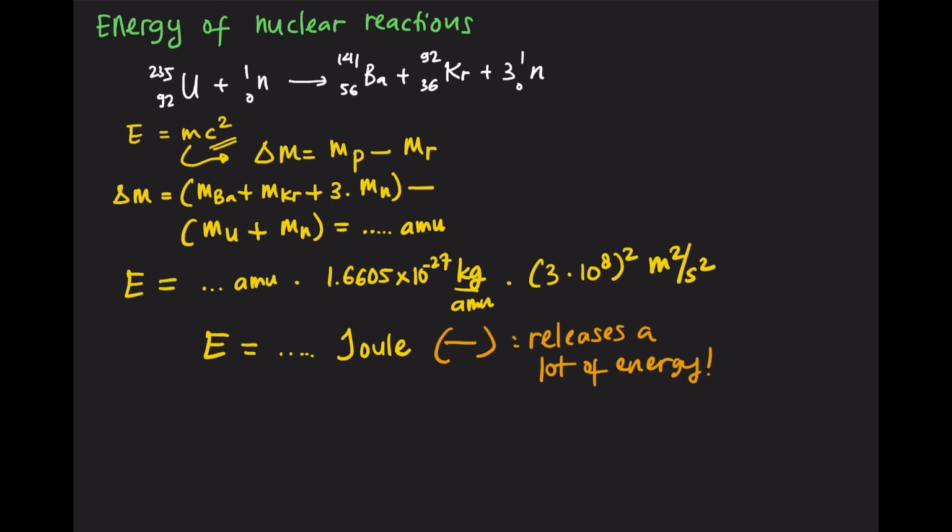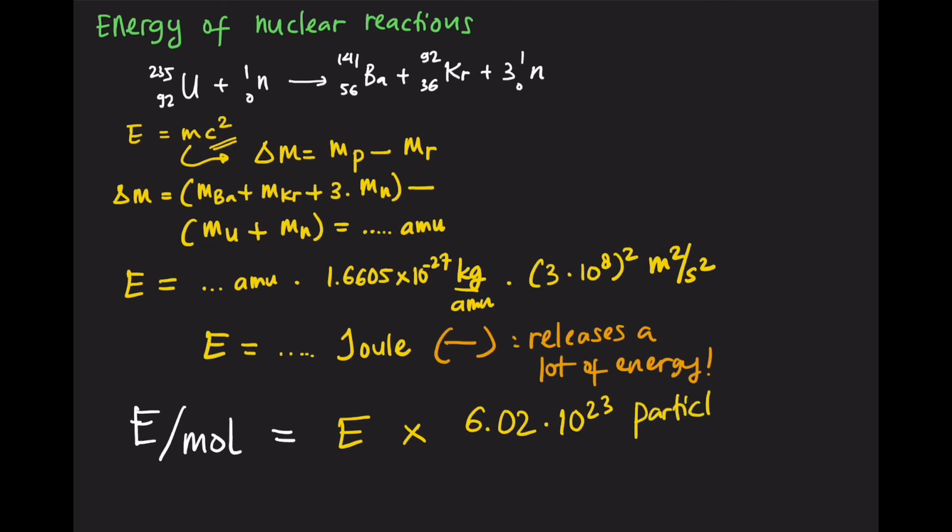Therefore, if we would like to find the energy over mole, of course, we have to take the energy per particle, or the one that we write in yellow. We multiply this with the Avogadro's number, which is 6.02 times 10 to the power of 23 particle over mole.